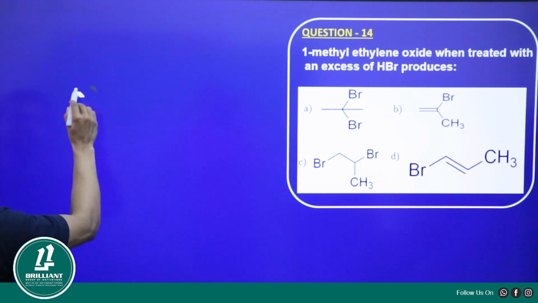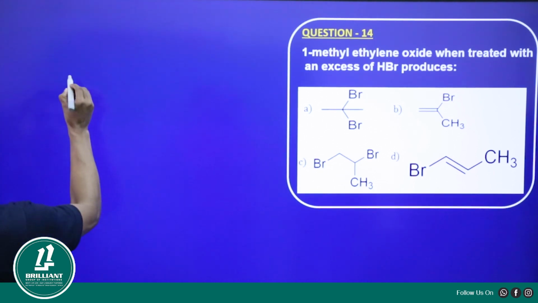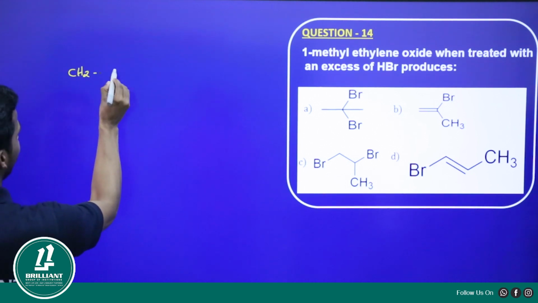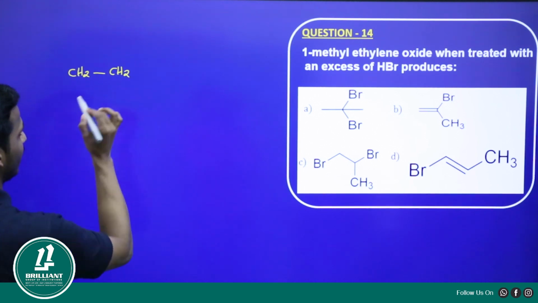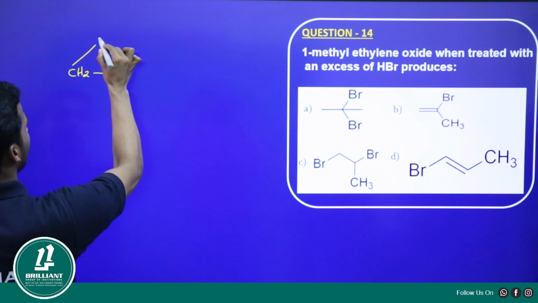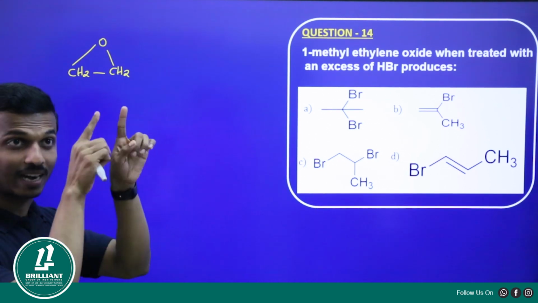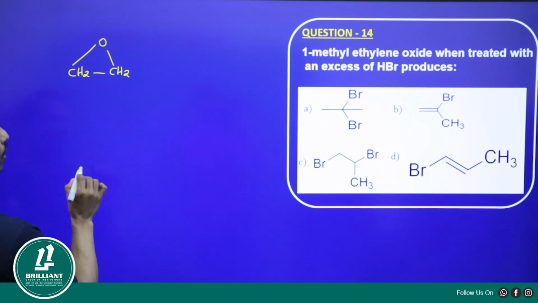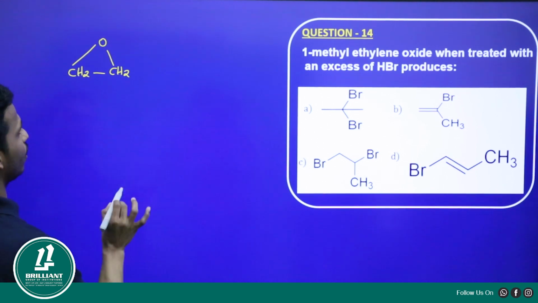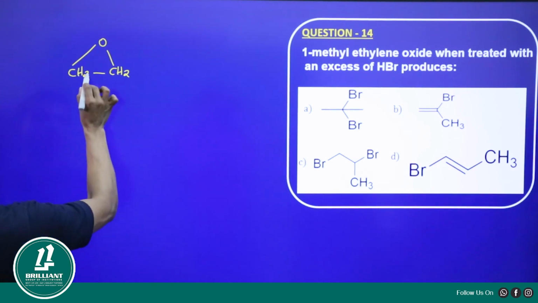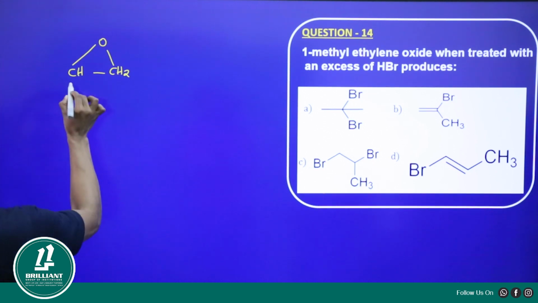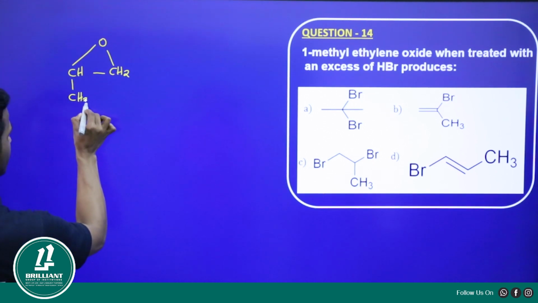Or for understanding, we can write it like this, CH2, CH2. This is called the ethylene compound, right? Ethylene, one oxygen. It's nothing but a cyclic ether. And in 1-methyl ethylene oxide, there is a methyl group connected with this. Okay, fine.